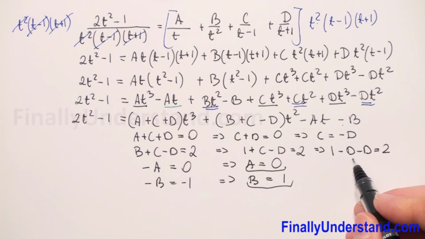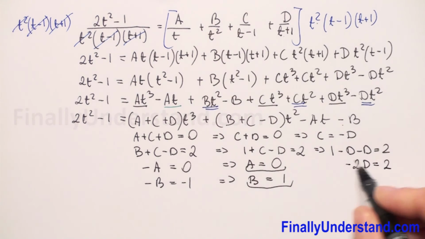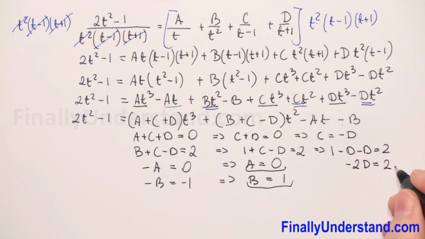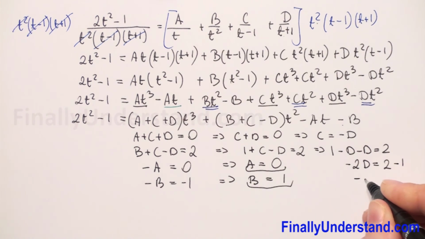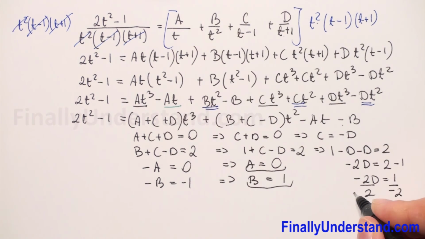So we have an equation with 1 unknown, negative d and negative d, so this is negative 2d, this is equal to, and 1 I will move to the right side, so it will be negative 1. So negative 2d is equal to 1. Now I will divide both sides by negative 2. So negative 2 and negative 2 we can reduce, and we have that d is equal to negative 1/2.